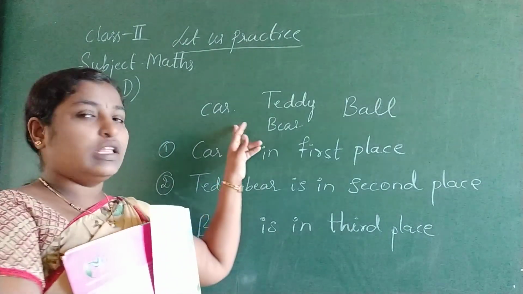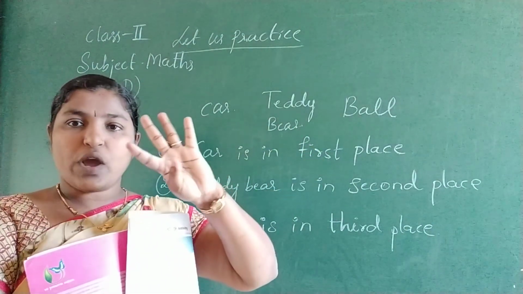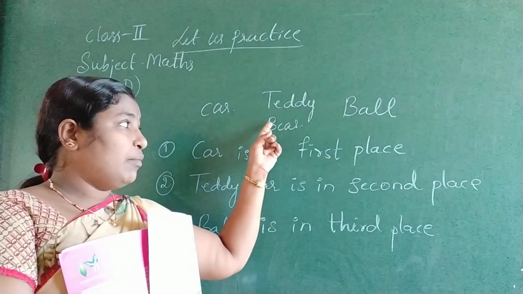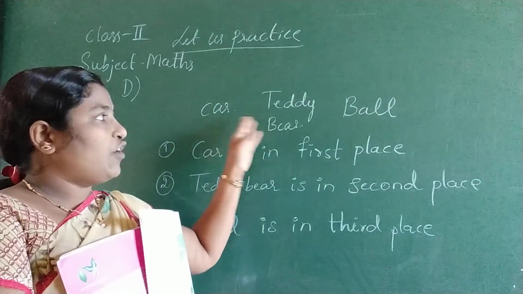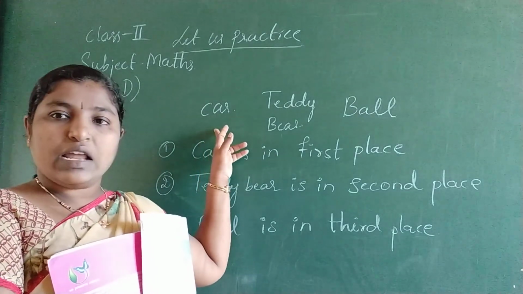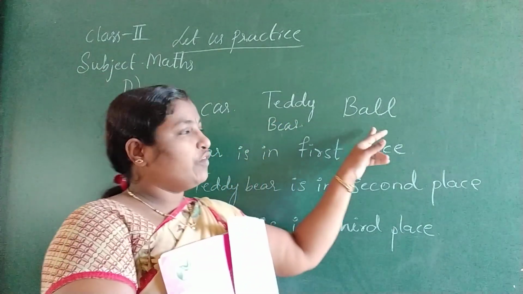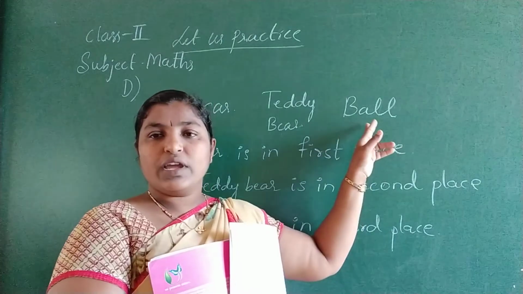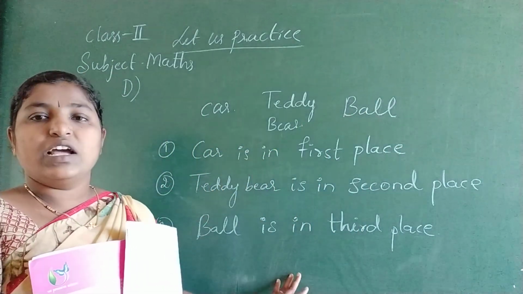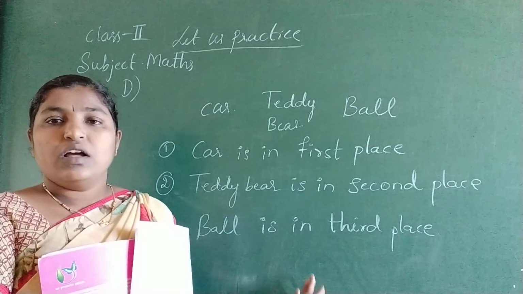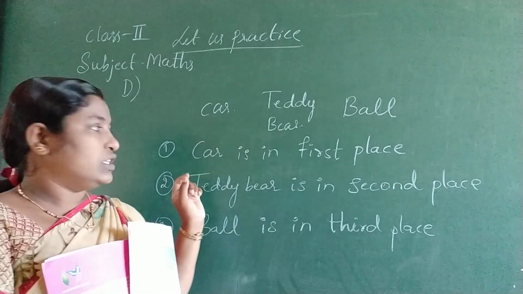What did they tell us? There are three toys in a row. Teddy bear is in the middle. So to the left of the teddy bear a car has been kept, and to the right of the teddy bear there is a ball. We should write the place of the objects.